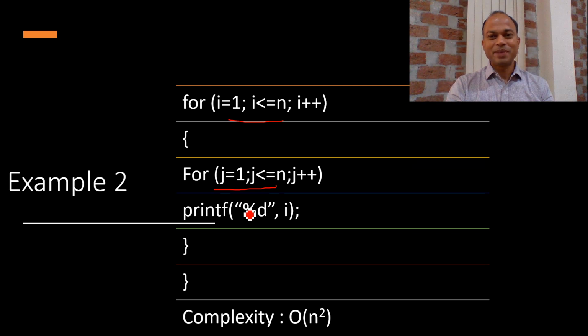So the dependency is upon n square, and we can say complexity is order of n square. We have n from this loop and n from this loop. If we multiply n by n, this term is n square. Therefore, complexity is order of n square.